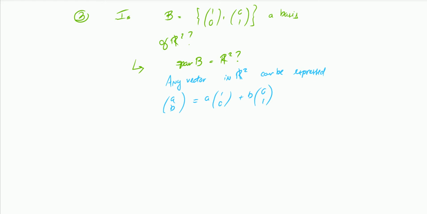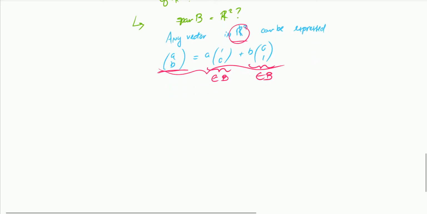So in fact, any vector in R2 can be represented as a linear combination of the elements in B, because this thing belongs to B and this thing belongs to B. So if I take any vector in R2, I can express it as a linear combination of the vectors in my set B.